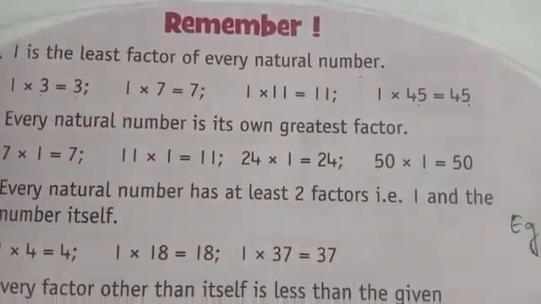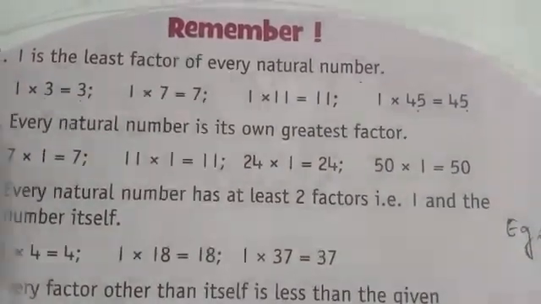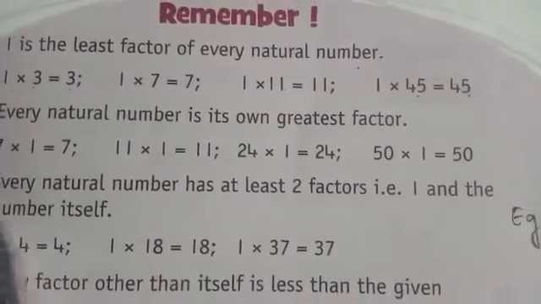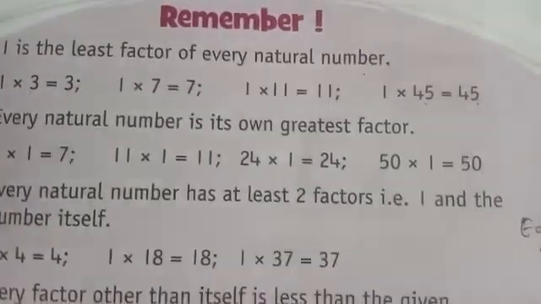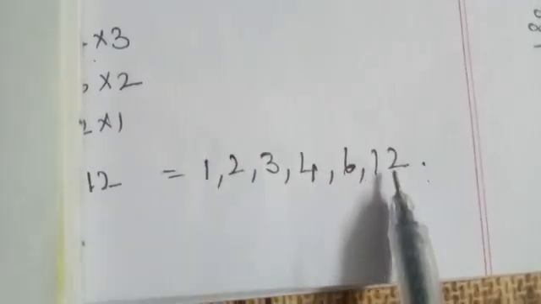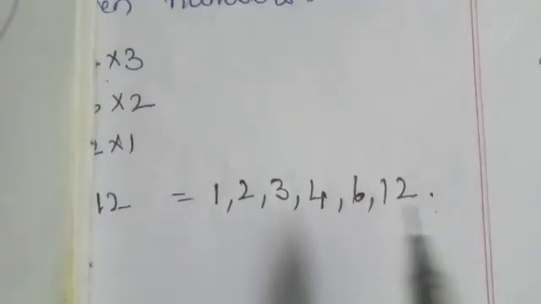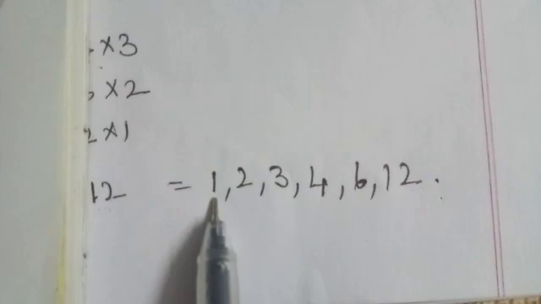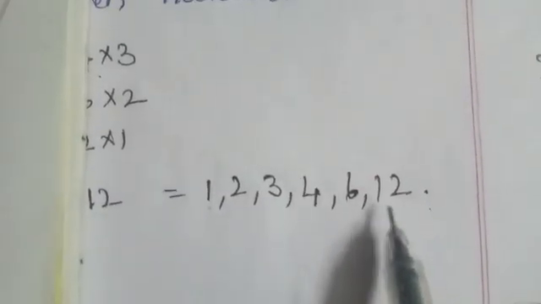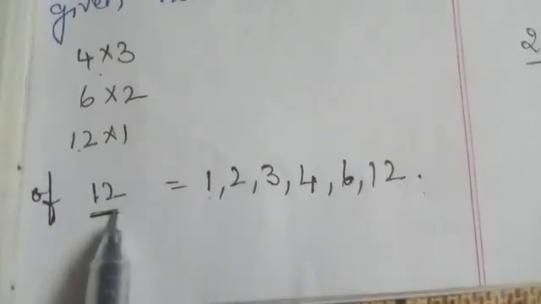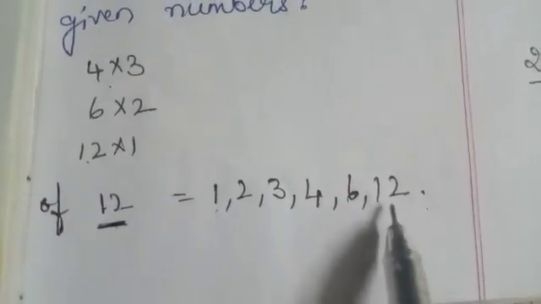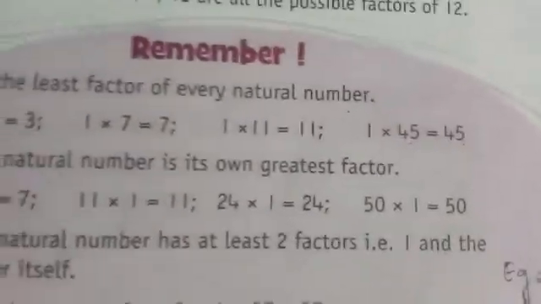When we have arranged the factors in ascending order, we have the first one as 1 and the last one as 12. 1 is the least factor and the number whose factors we want is the greatest. So those are the 2 points which we are going to learn now.